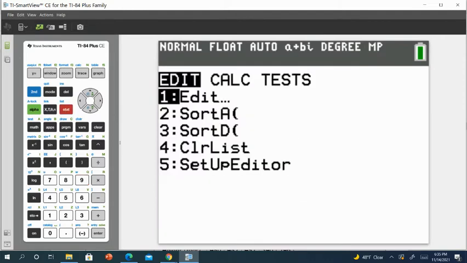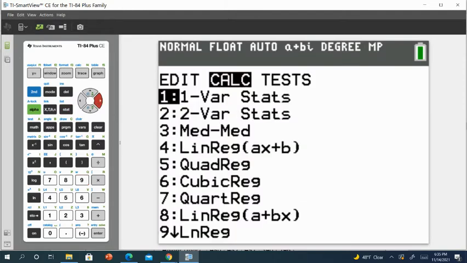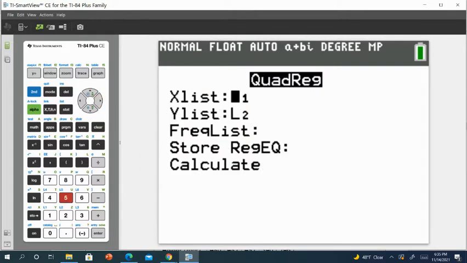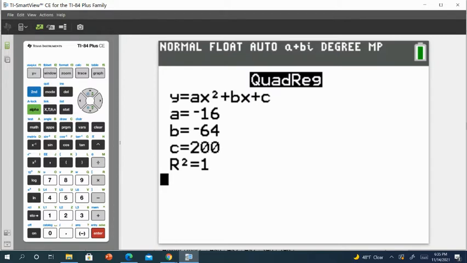I'm going to go back to stat and arrow over to calc. Now we need to select number 5, which is quadratic regression. I'm going to hit enter, enter, enter, alpha trace, enter, enter, enter. Just like we did in lesson number 1, you'll notice on this screen it gives you the generic form of the quadratic regression equation, y equals ax squared plus bx plus c, and then gives you the a, the b, and the c to write the equation.